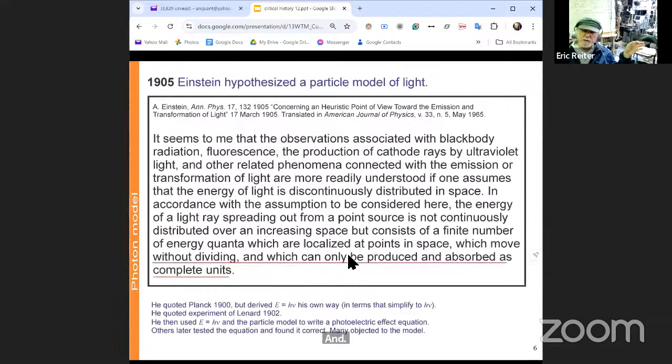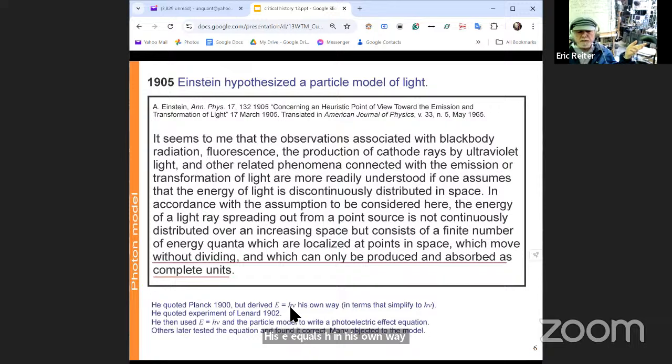Einstein got a hold of this, and I think Einstein's wife worked with Lenard. There are accounts of that. So he knew about Lenard's work. He quoted Lenard, and Planck. Einstein quoted Planck, but Einstein derived his E equals h nu in his own way.